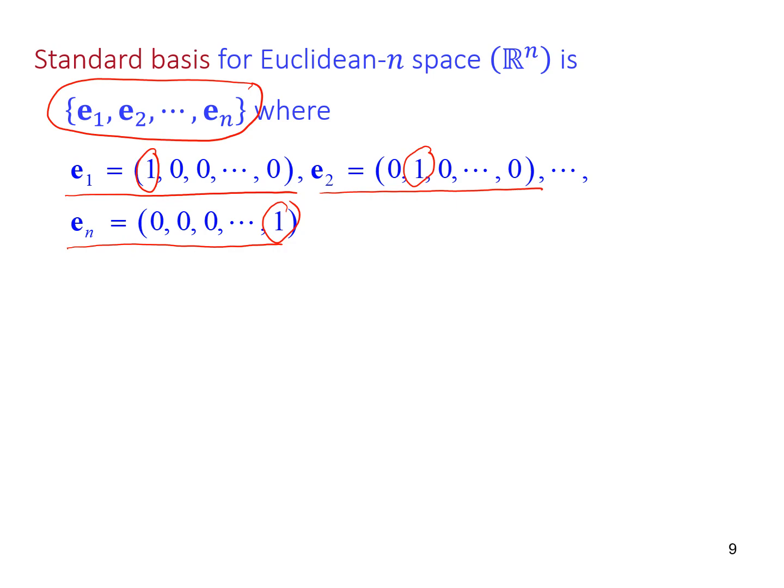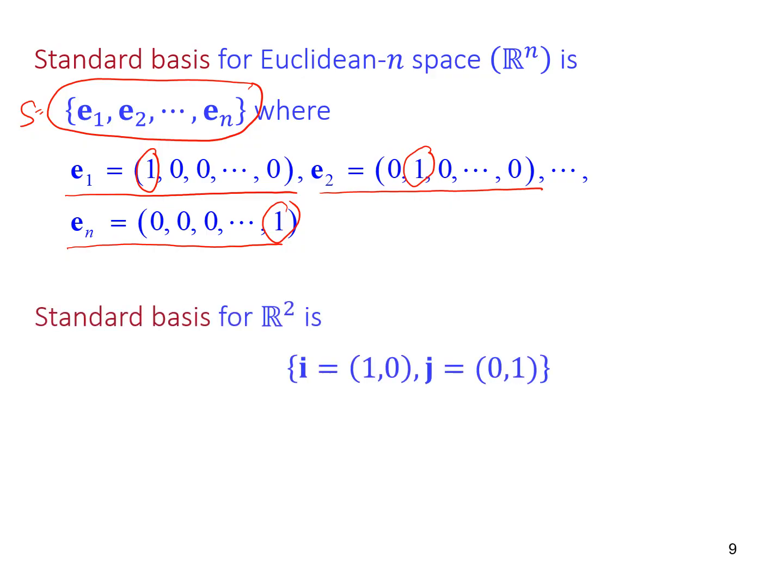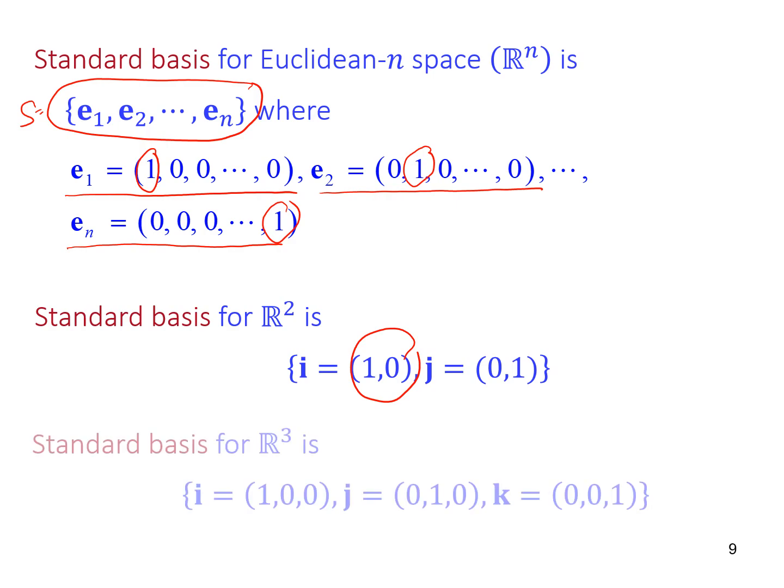So this set S is the standard basis for Euclidean n-space. For R2, whenever n is equal to 2, E1 is i and E2 is j, where the vector i is a 2-tuple where the first component is 1 and the second component is 0, and j is another tuple with the first component 0 and the second component 1.